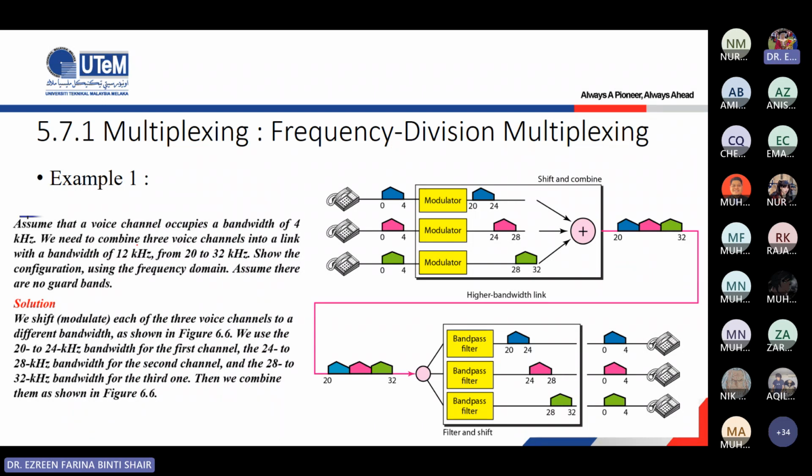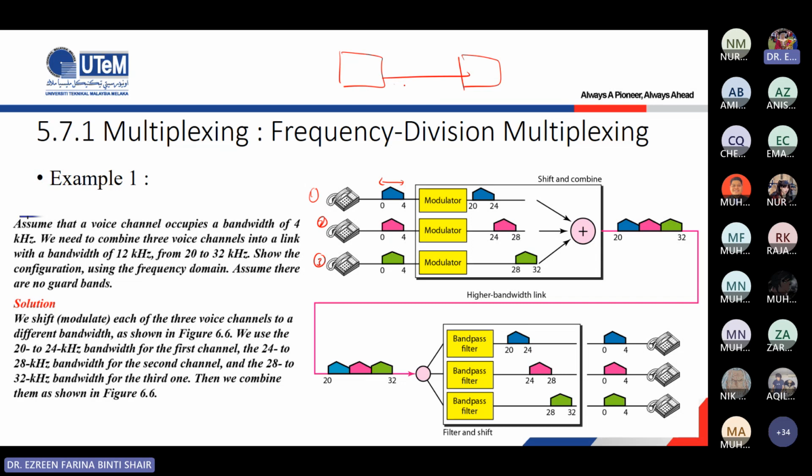For example one, assume that a voice channel occupies a bandwidth of 4 kilohertz. So you have voice channels with a bandwidth of 4 kilohertz. You need to combine 3 voice channels into a link.